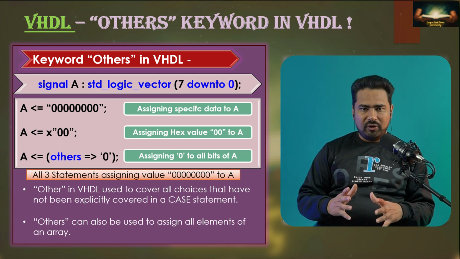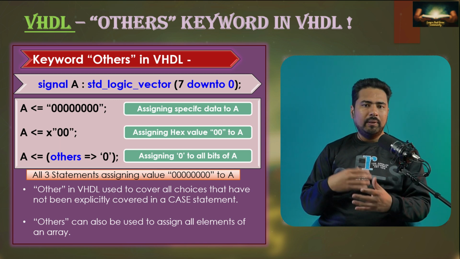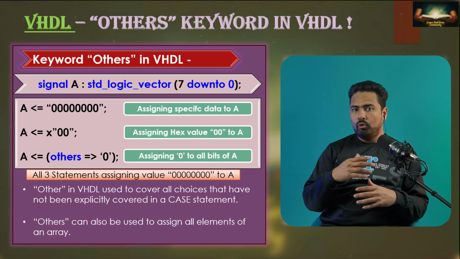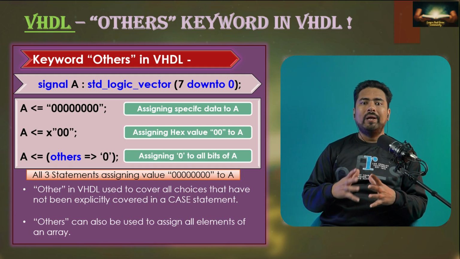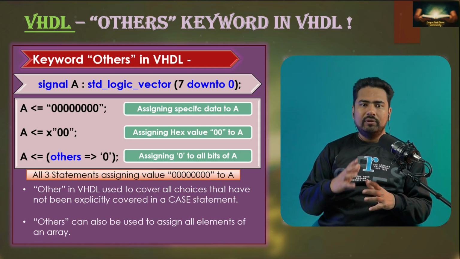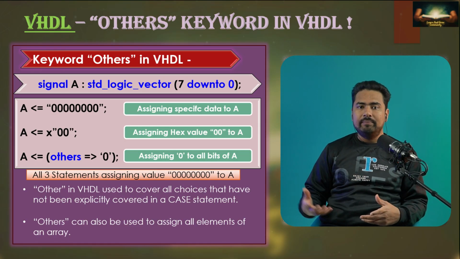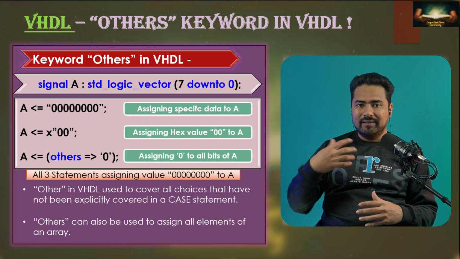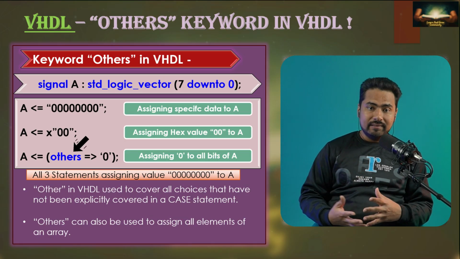This method works fine when the signal length is a multiple of 4. For example, hex assignments are suitable for 4-bit, 8-bit, or 12-bit signals. However, they are not suited for signals with a length like 6 or 7 bits because these are not multiples of 4.